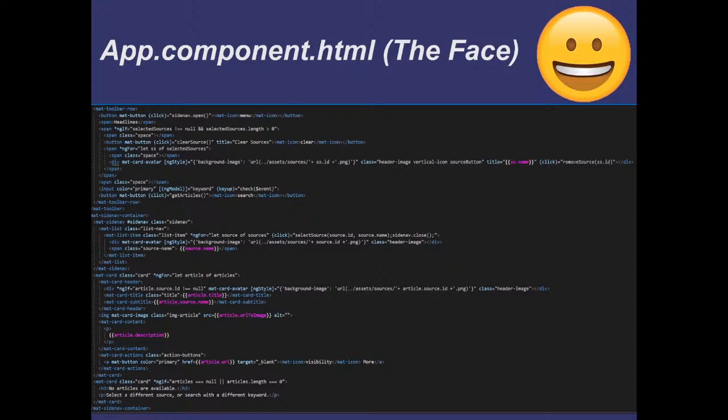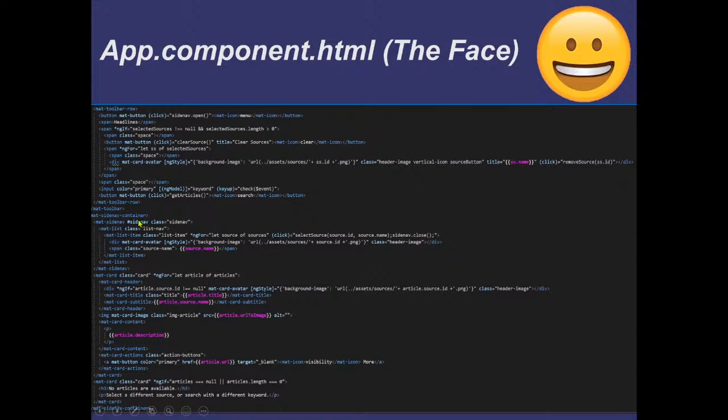And then the parentheses are saying anytime something is changed, I also want it to update that. So that's called two-way updates, essentially. Whatever happens inside of the component code to change keyword will show up on the screen, and anything that the user types into that field will also change what's inside of the component. So that's the two-way communication.